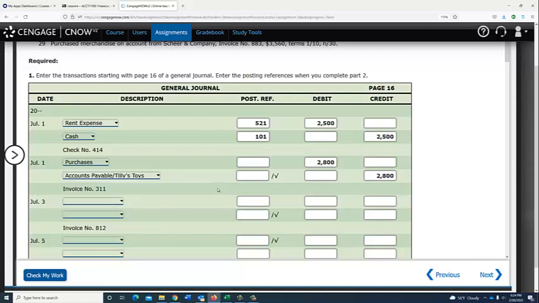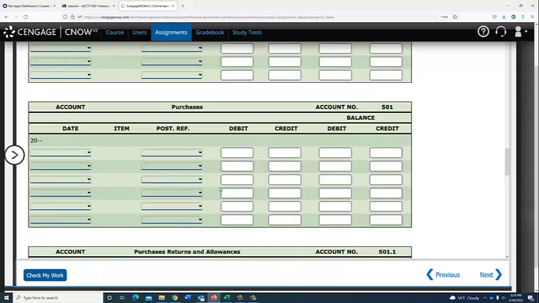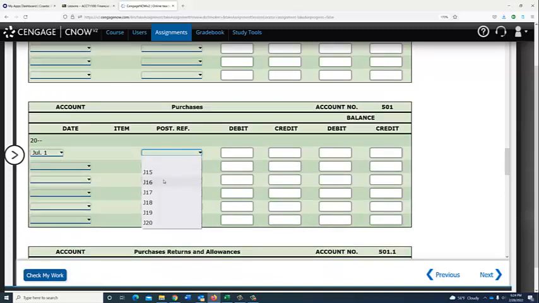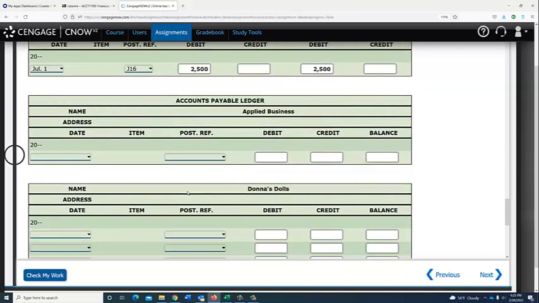So let's post those now. We'll go to the purchases account, which is a cost account. Okay, and we'll increase our balance by $2,800. There is no existing balance. Okay, and then we will go to accounts payable. Oops, here we go.